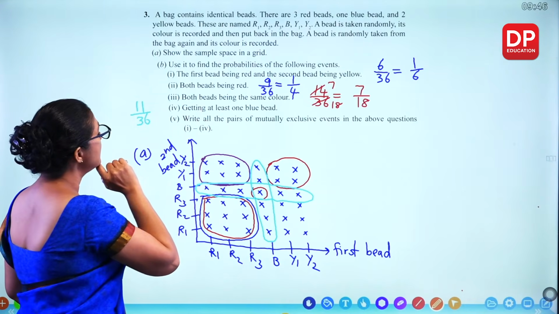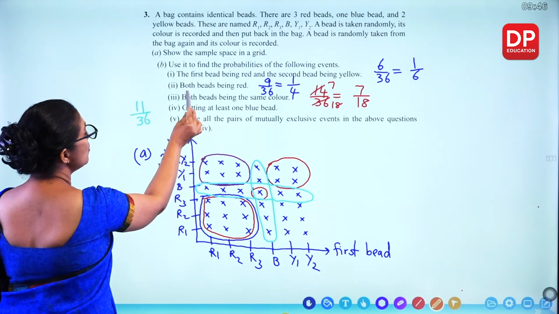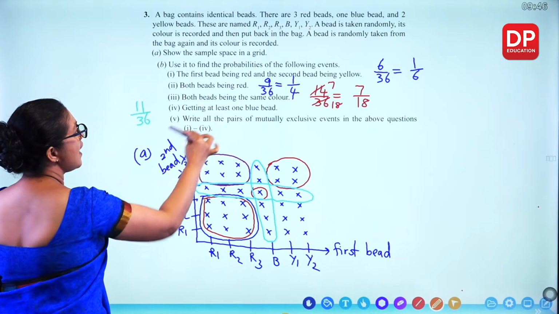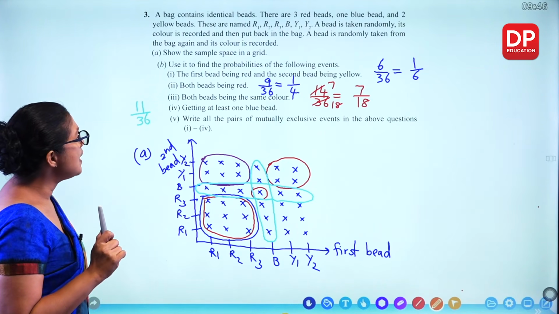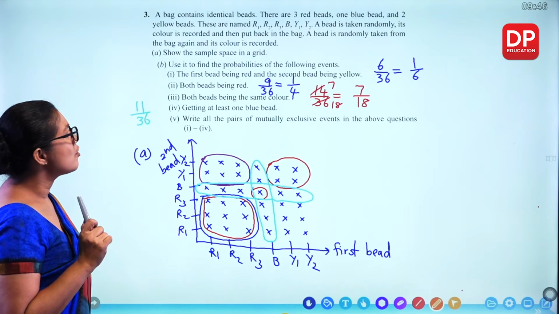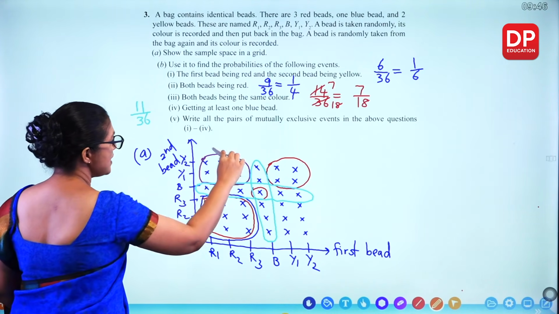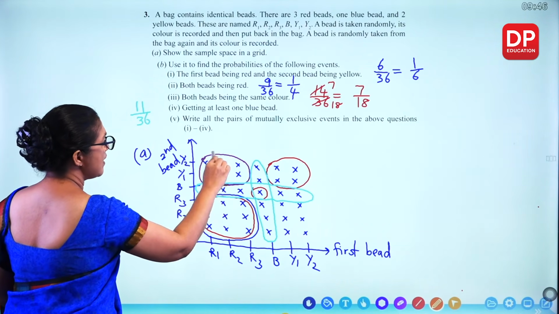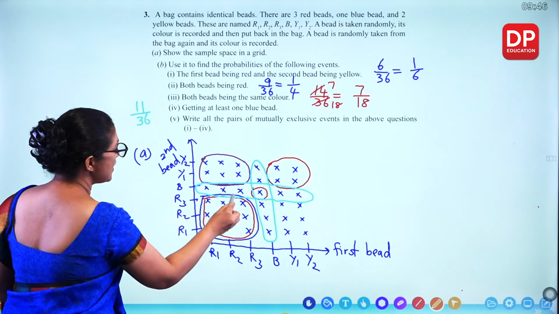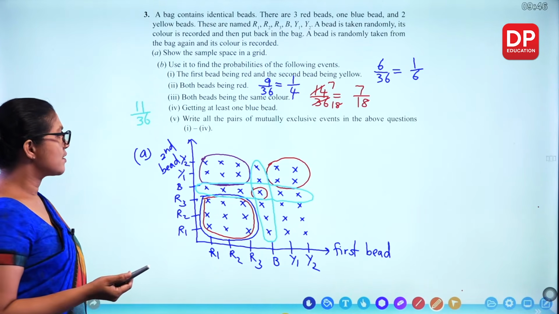Pink color and this one blue, like that. We know the colors. Now we'll see whether there are common elements. Common elements means not mutually exclusive. Now when you identify this one, the pink color one with orange color one, mutually exclusive.